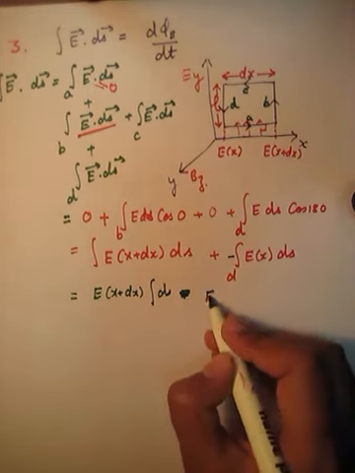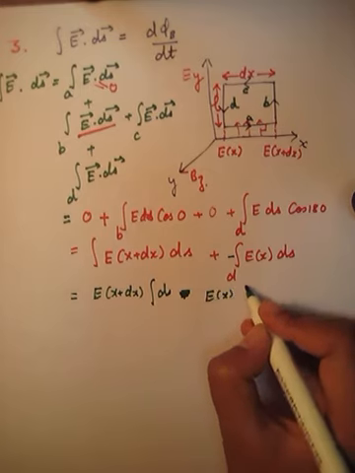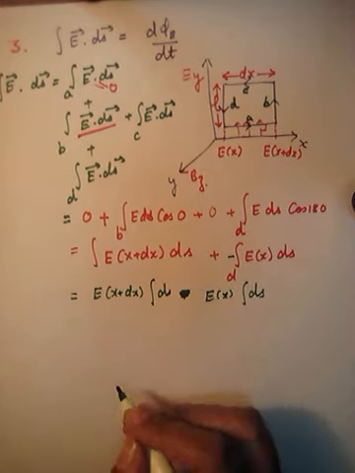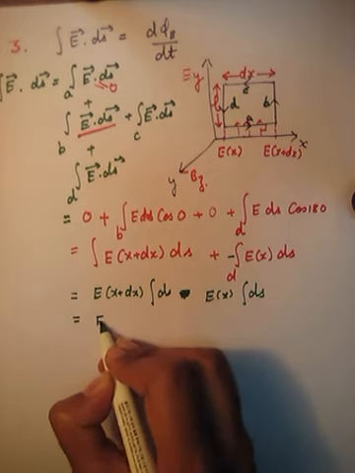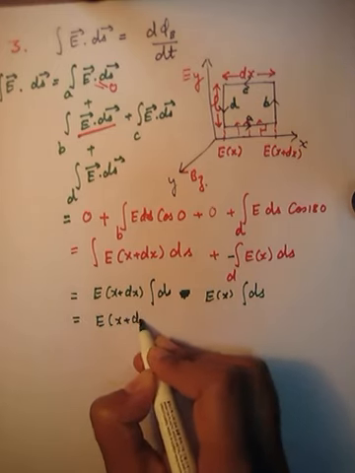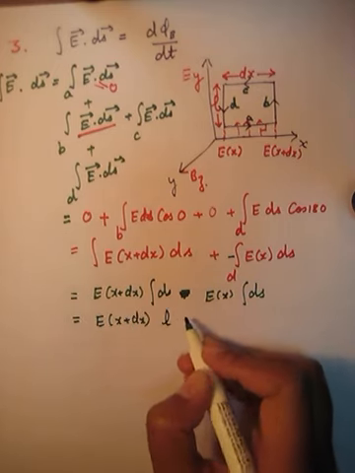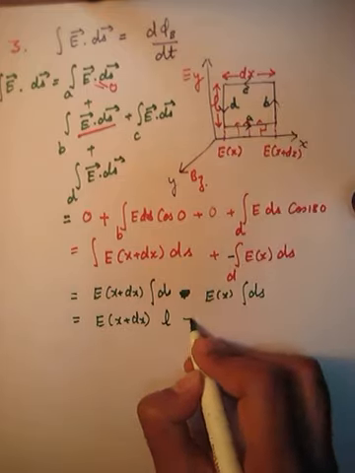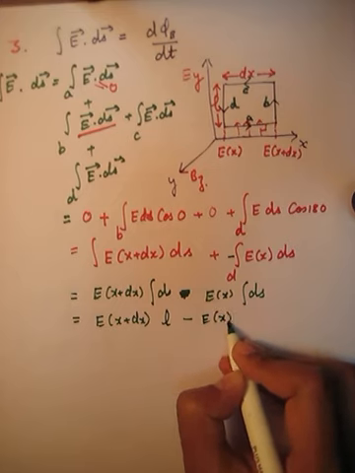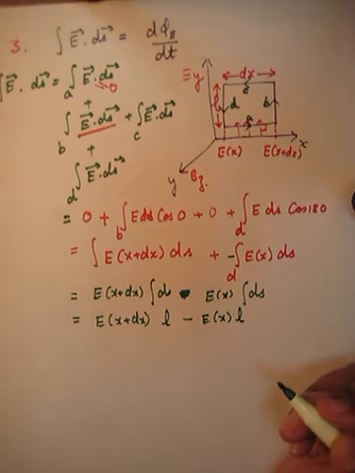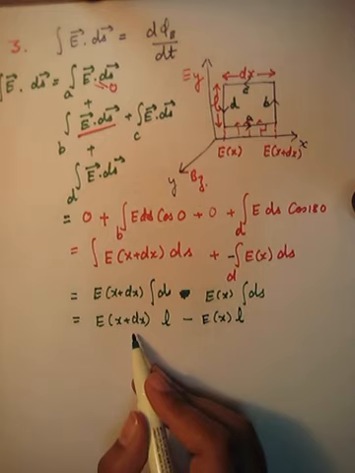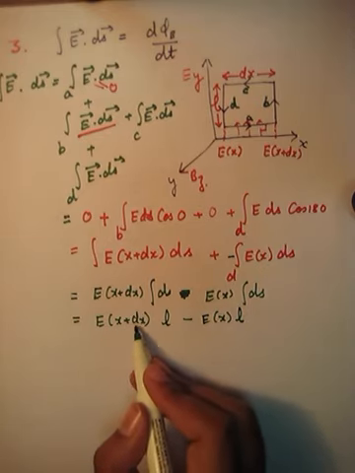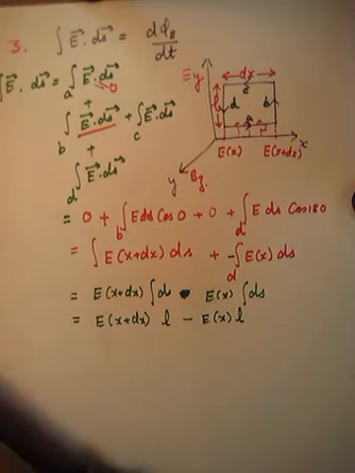Here also we can take it outside because it will be constant, so it will be the integral of ds. So what we get from here is E of x plus dx into L, because the total integration over these lengths will be L, minus Ex into L. So now this is a function of x plus dx and this is a function of x.